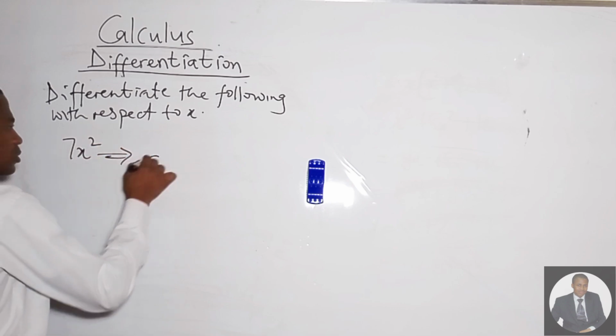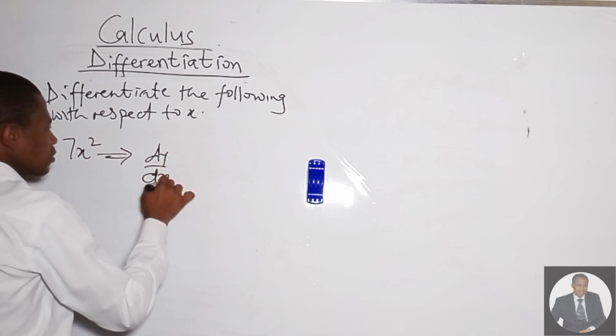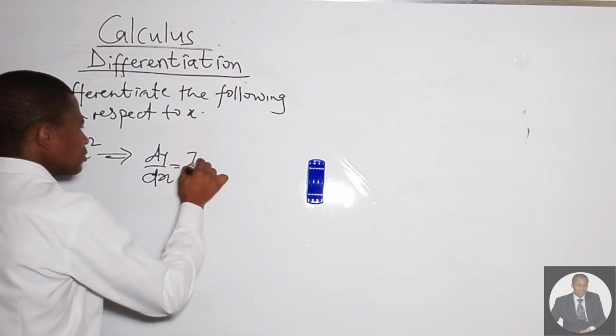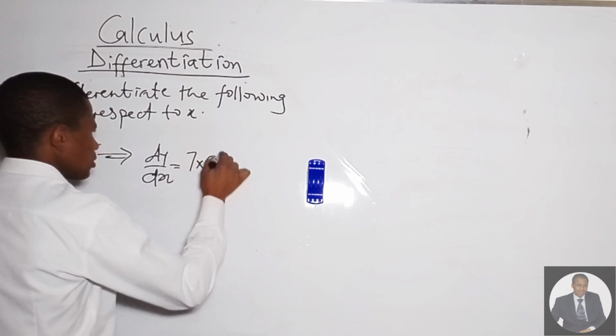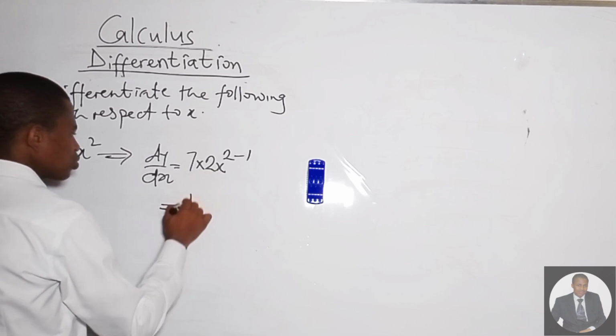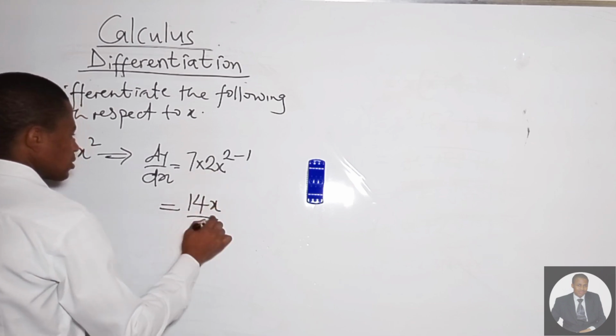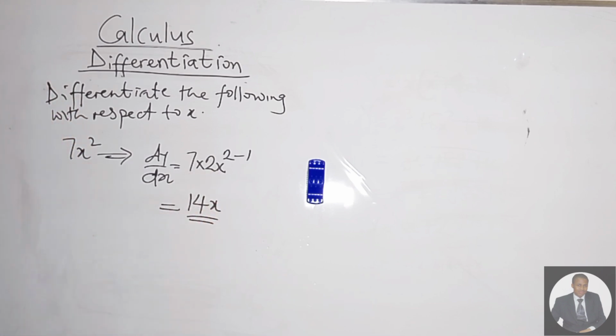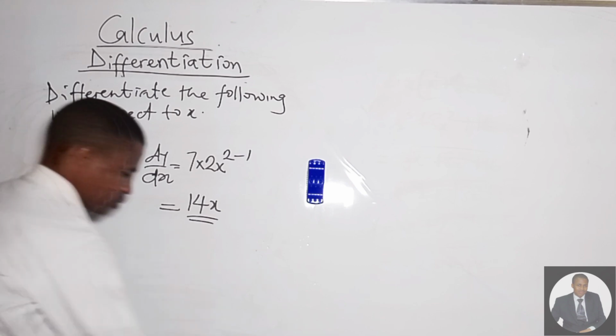So the dy/dx of this will be 7 times 2x, then the 2, which is the power, minus 1. That will give us 7 times 2, 14, 14x. That will be the dy/dx of this question.